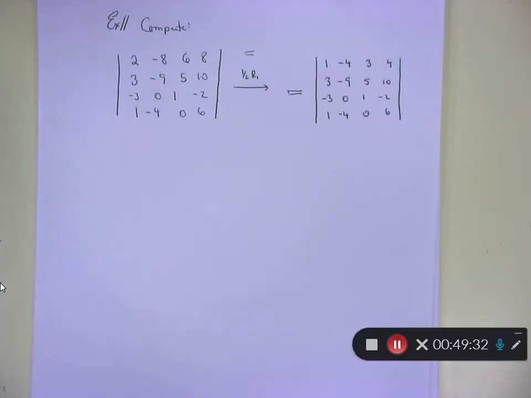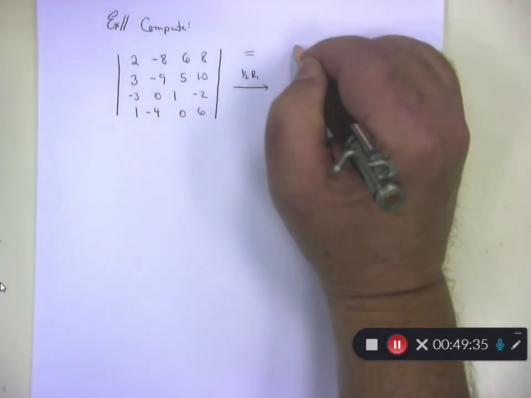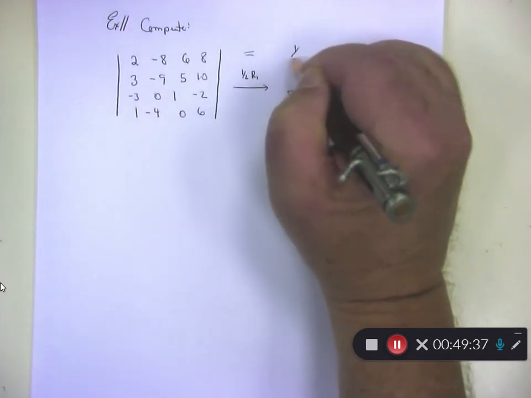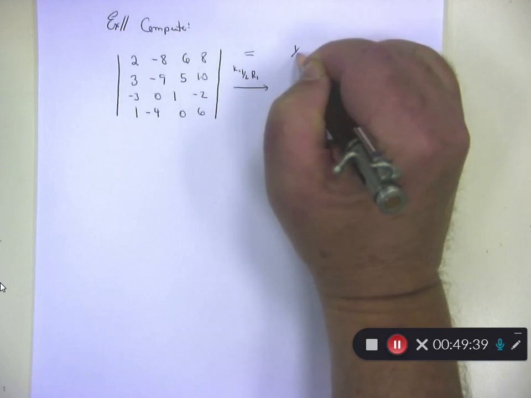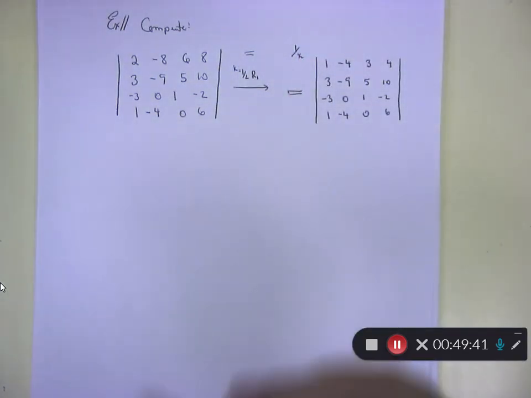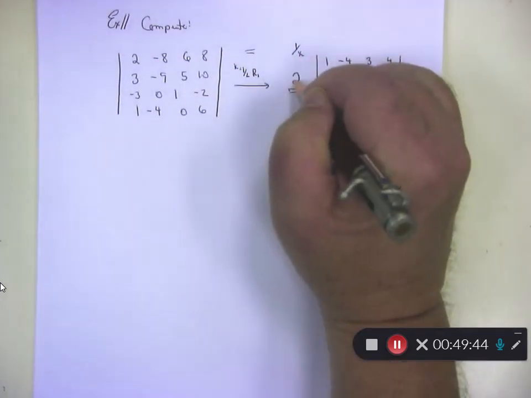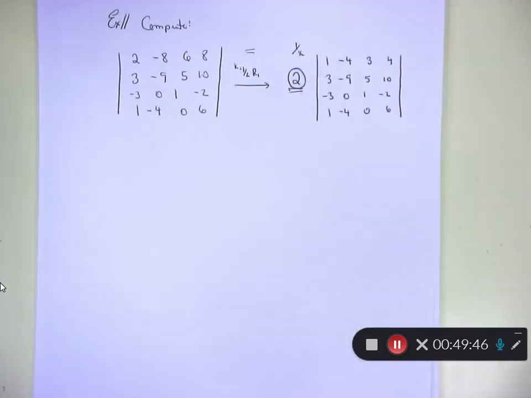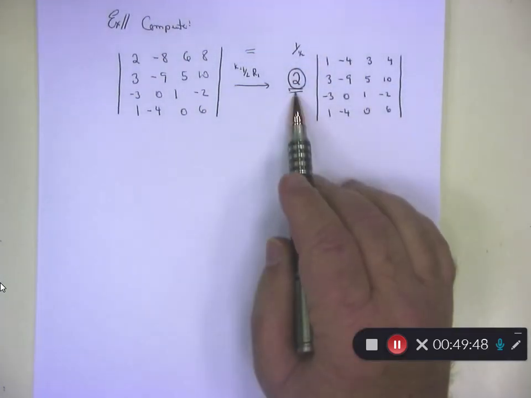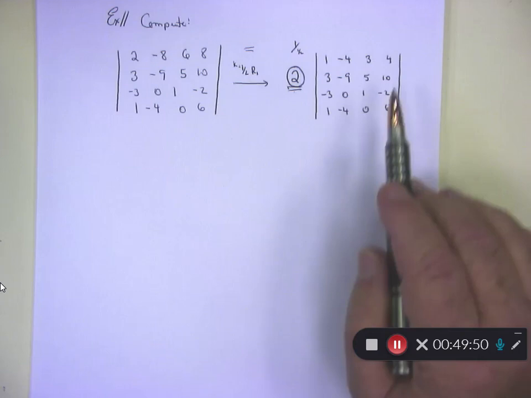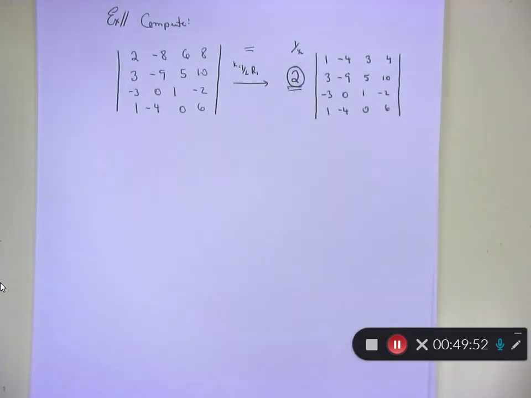Outstanding. It is 2. I want to write it this way. It's 1/k, and your k value is 1/2. Does that make sense? That 1/k, 1/2 makes it a 2. That's what the effect is. It's going to be 2 times the determinant of this new matrix.